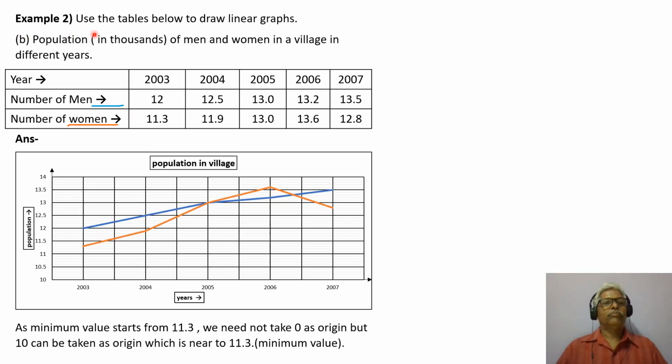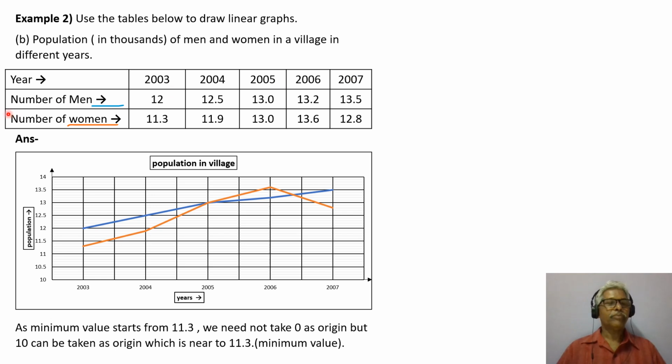Example 2, use the tables below to draw linear graphs. Okay, this is part 2. Part A we have seen, now part B, population in thousands of men and women in a village in different years. Year 2003, 2004, 2005, 2006, and 2007.